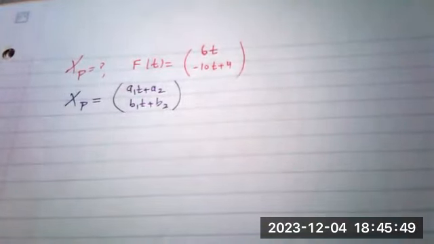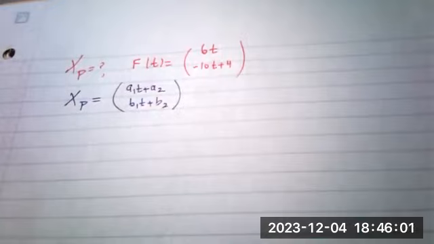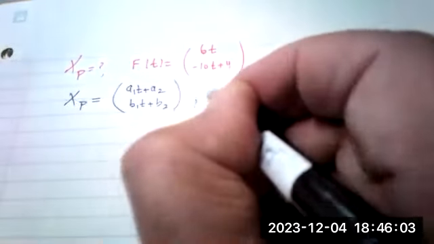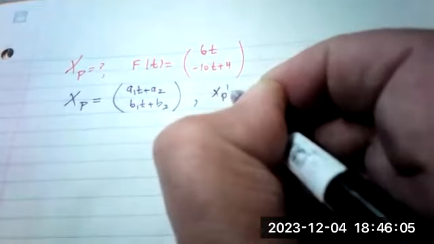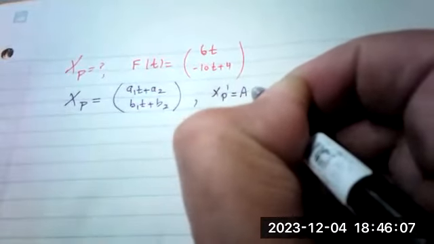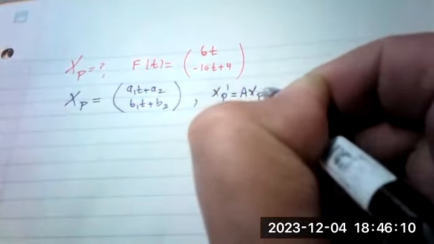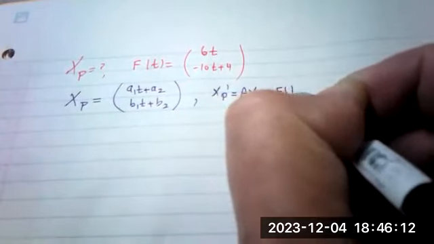Because both of them are linear functions, we have to change the linear function with the unknown coefficients. It's going to be your x of p. So you have to substitute the x of p in this equation to get your result. You put it into x prime of p equal to A times x of p plus f of t.